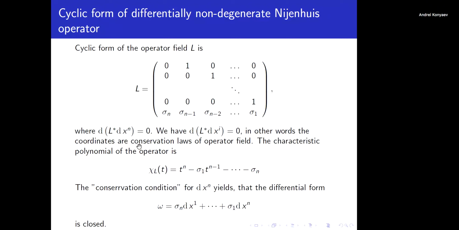Then we apply dxn, and we get this. In short, it means that we have a cyclic form if all the coordinates are conservation laws, right? This last condition ensures that we have exactly n conservation laws, because if we do not use this condition, the first n-1 functions are conservation laws, and the last maybe not, but we need n of them to get the cyclic condition.